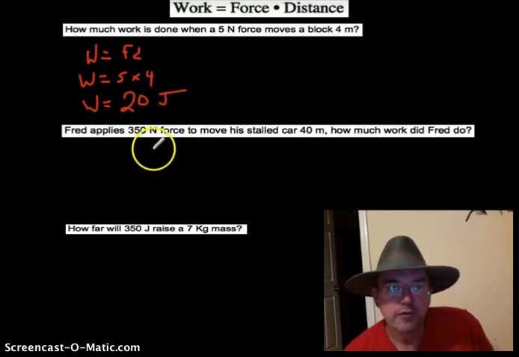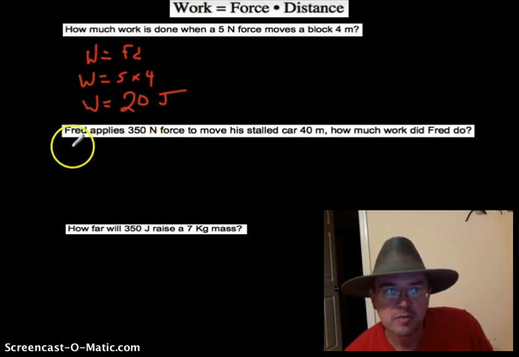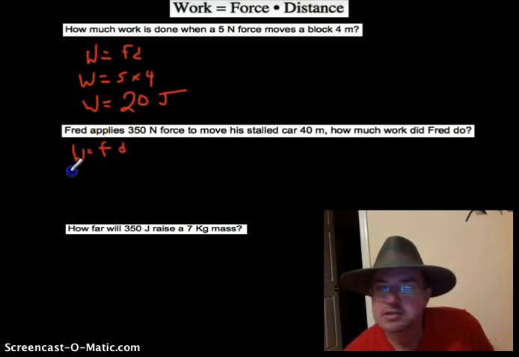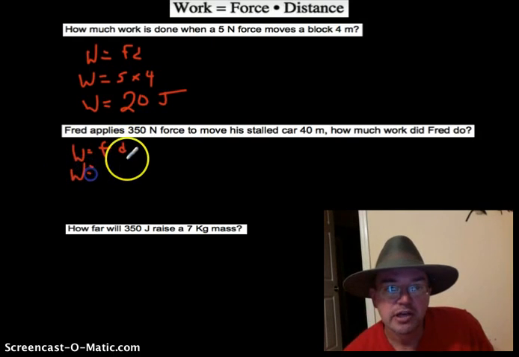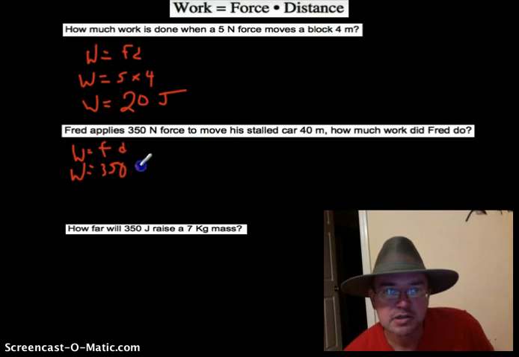Let's go to another one. Fred applies 350 newtons of force to move his stalled car 40 meters. How much work did Fred do? You know that work equals F times D, force times distance. So then you have work equals, what's the force? 350 newtons times 40 meters.